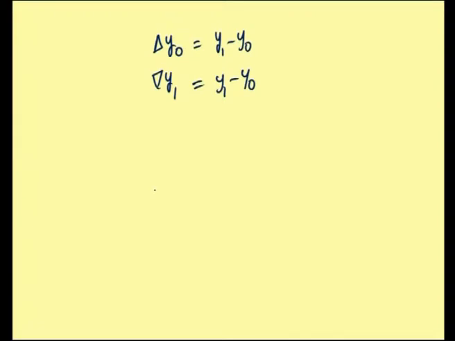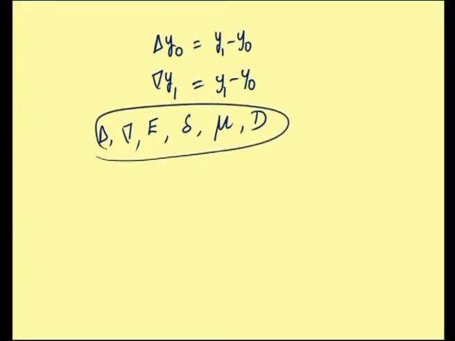Using that, we are going to relate with the shift operator E, the central difference operator delta, the averaging operator mu, and the differentiation operator D. That is, delta the forward difference operator, nabla the backward difference operator, shift operator E, central difference operator small delta, mu the averaging operator, and capital D the differentiation operator. So, there is a symbolic relationship between all these things.